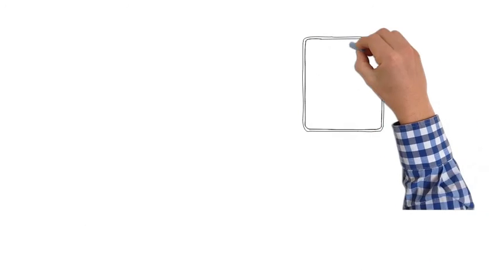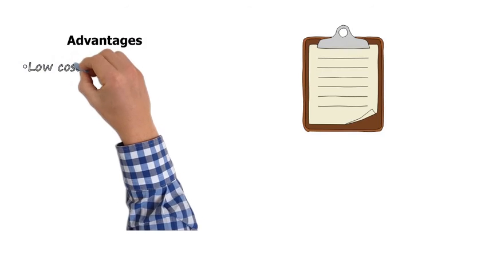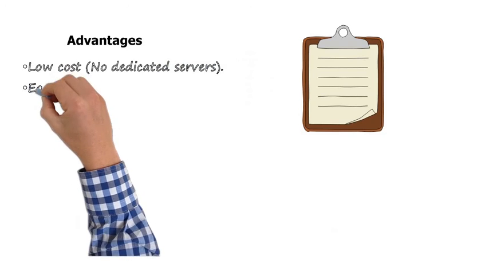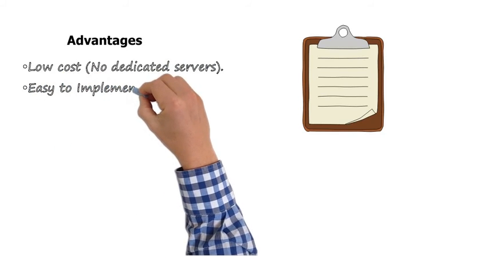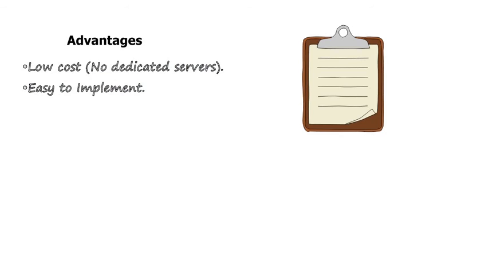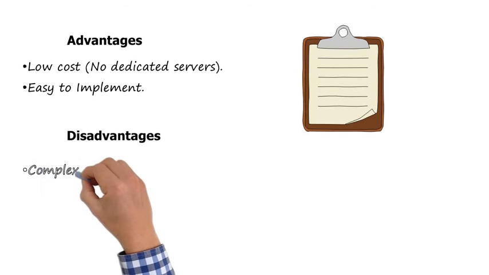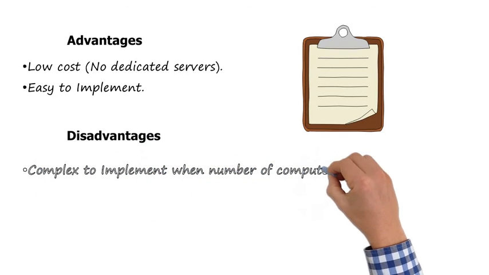Then we will move to the advantages and disadvantages of this kind of peer-to-peer network. This implementation is very low cost because there is no need for high-cost dedicated servers and no need for network administrators to configure those dedicated servers, and it is easy to implement without much complexity.